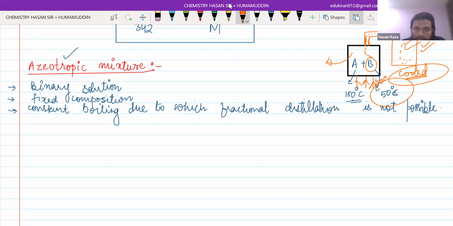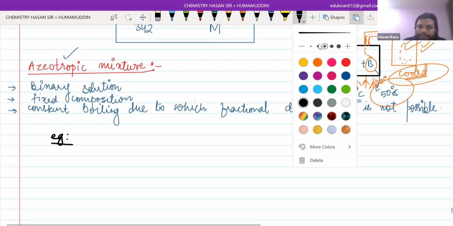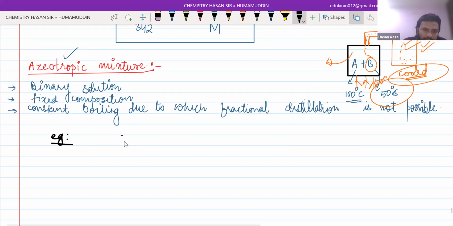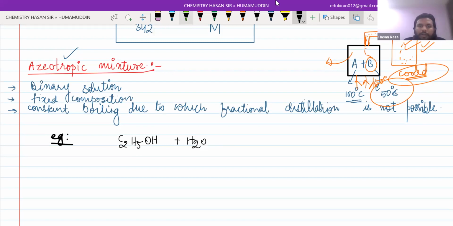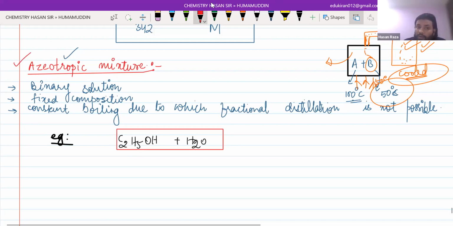Yes, sir. Also, the most important part here is that let's take an example. You know that this is C2H5OH, and there is H2O. When you mix ethanol into water in any proportion, it is not necessary that you will get an azeotropic mixture.